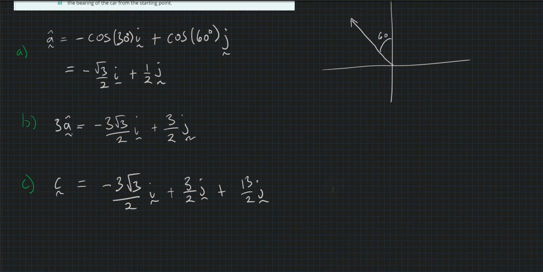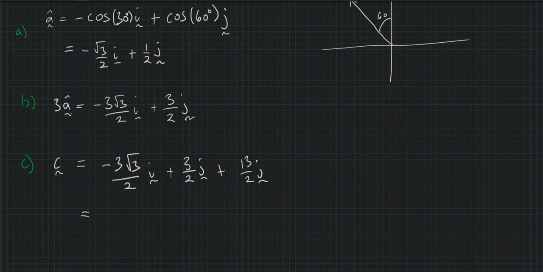Actually, it probably works out better, because then when we add them together, we get 3 on 2 plus 13 on 2, which is 16 on 2, is 8j.